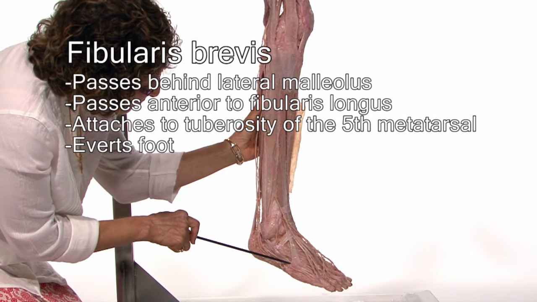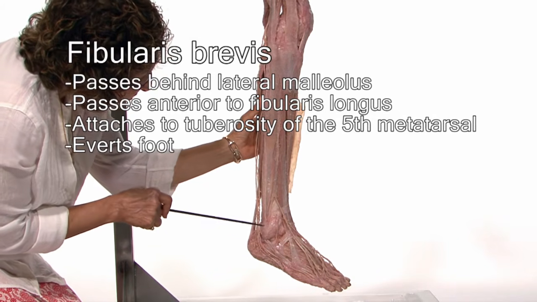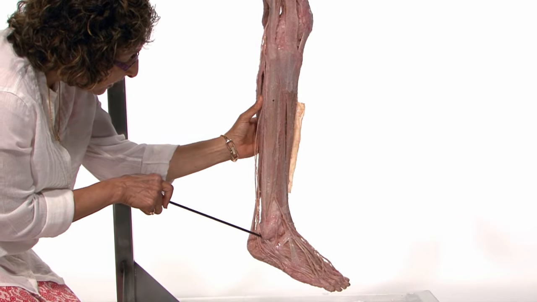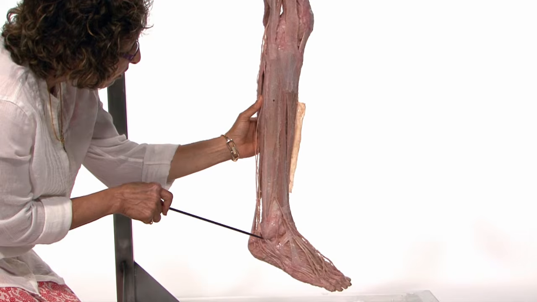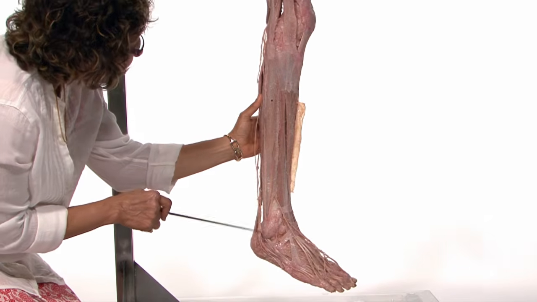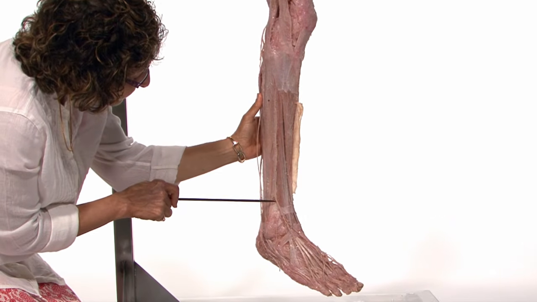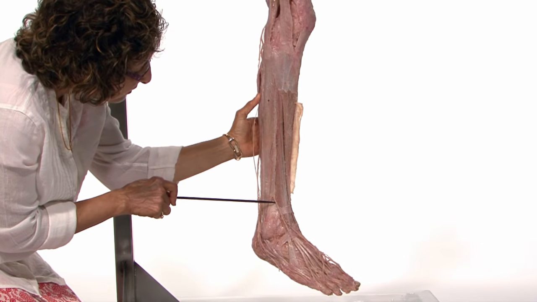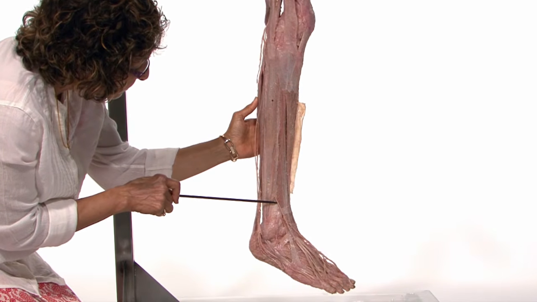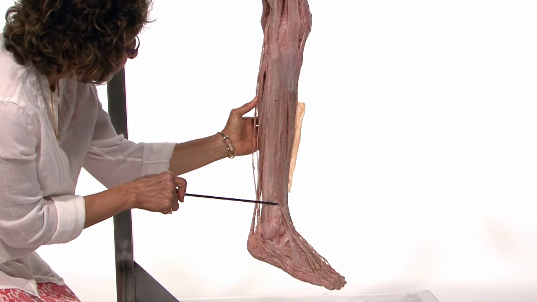Hence its name fibularis brevis. Because both these muscles go behind the lateral malleolus, they are everters of the foot. This nerve, by the way, is the superficial fibular nerve, and we'll describe it in another recording.